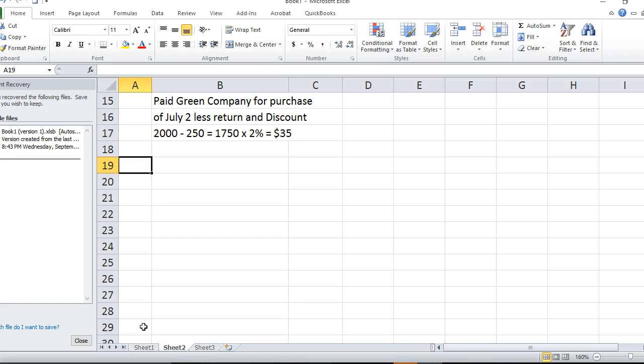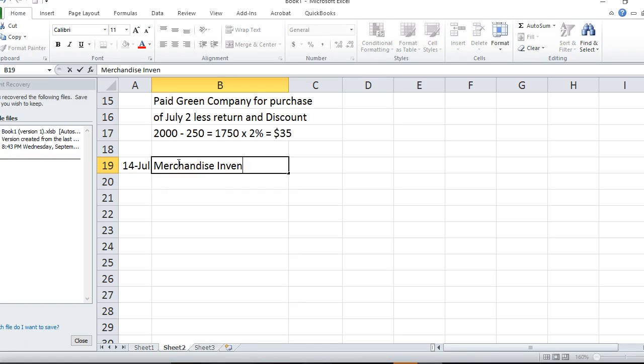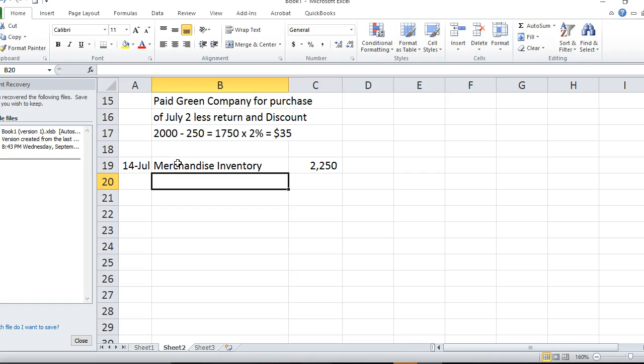We're basically going to show on July 14th that we purchased merchandise inventory of how much? $2,250. So we'll debit our merchandise inventory of $2,250.